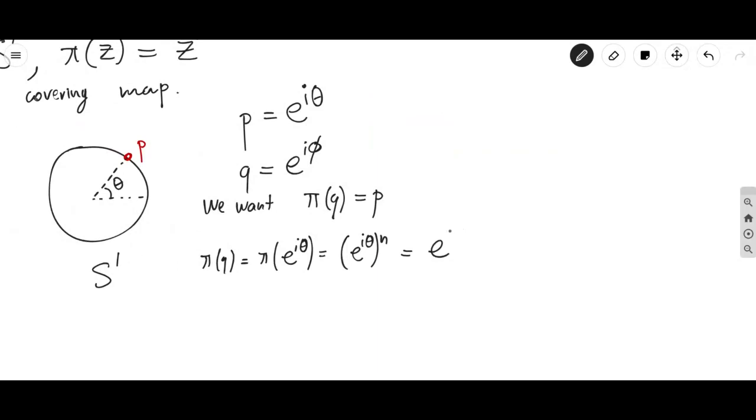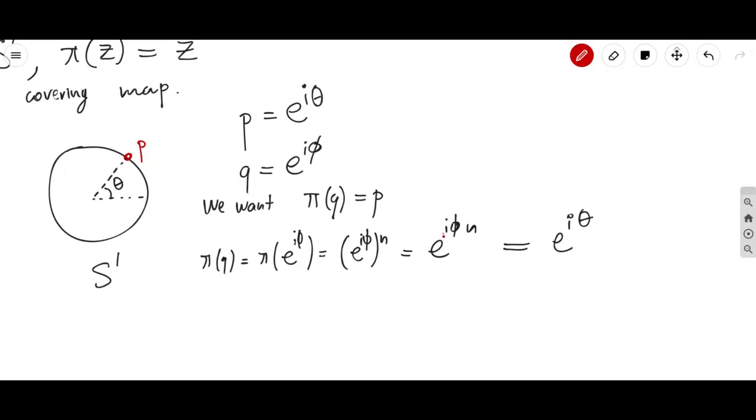So this is e to the i phi n, and that's supposed to be equal to P, which is e to the i theta. I messed something up, these are supposed to be phi. So this is i phi n, and this is i theta.